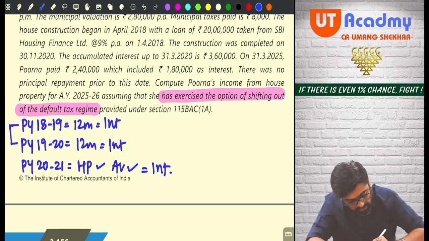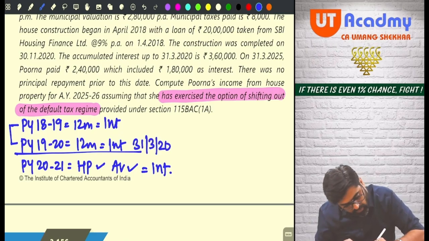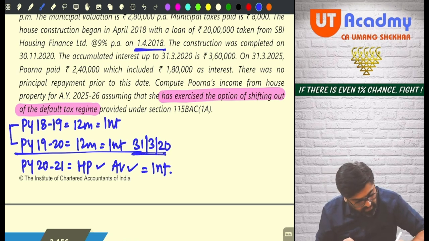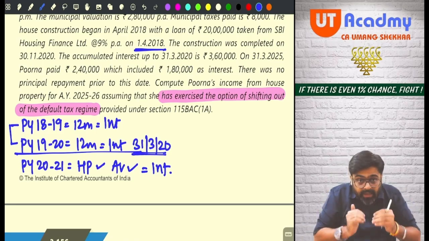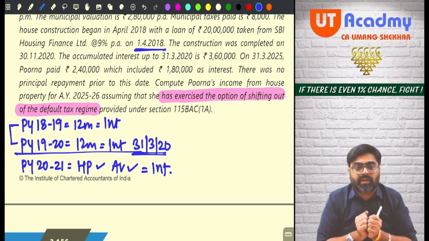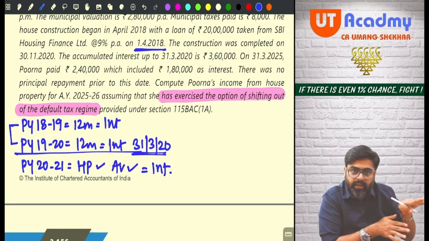Can I say interest till 31st March 2020, starting from date of borrowing, which was 1st April 2018, starting from that date till 31st March 2020. The 31st March immediately preceding to date of completion of construction. Date of completion of construction was 30th November 20.